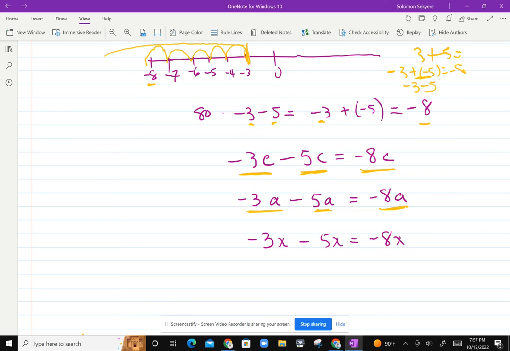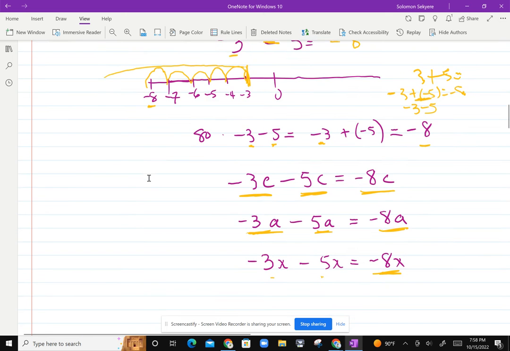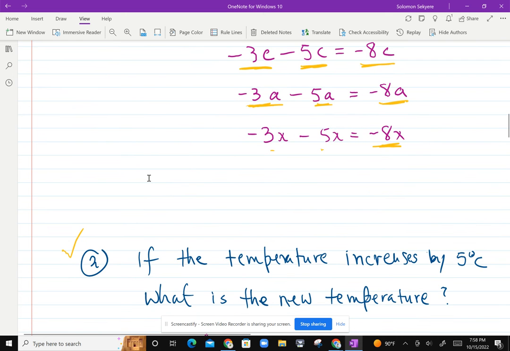Now we have transformed from temperature, degrees Celsius, to what we call like terms. So what is negative 3x minus 5x? That gives us negative 8x. The most important concept here: if you have a negative number and you're subtracting a number, say 7, it is the same as negative 3 plus negative 7, which is negative 11.